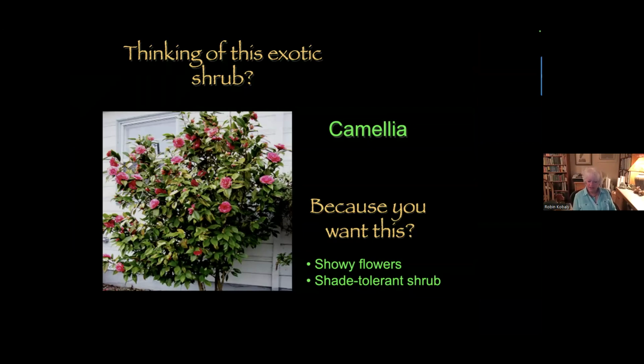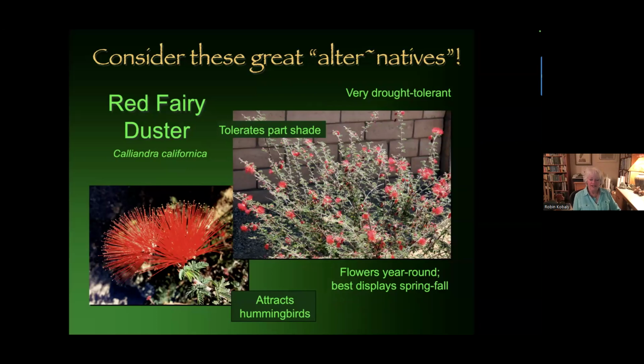So what if you were thinking about an exotic shrub like a camellia, because you want a plant with showy flowers and you need it to be shade tolerant? Say it's going to be on the north side of your house. Well, here's some great alternatives. Red fairy duster, Calliandra californica, is one of those amazing plants because it can both tolerate part shade and it can take reflected heat.